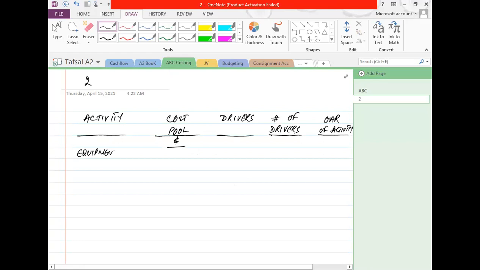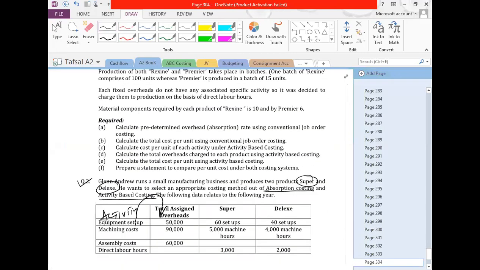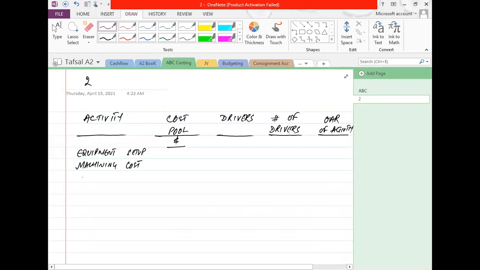equipment setup, machining cost, assembly cost. These are the 3 activities.